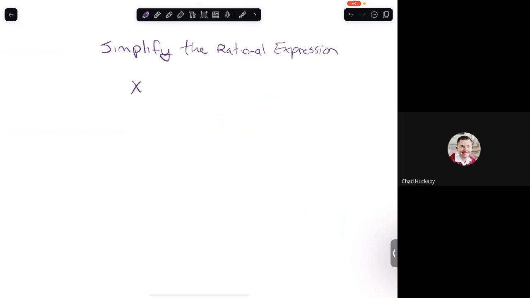The rational expression we're given is x squared minus 16 all over x squared plus 9x plus 20.